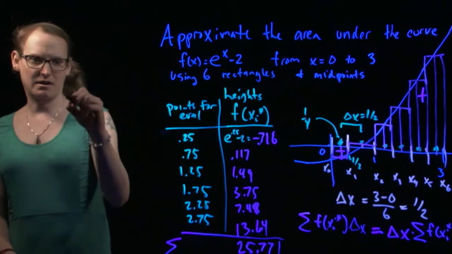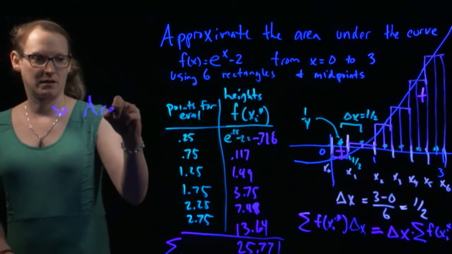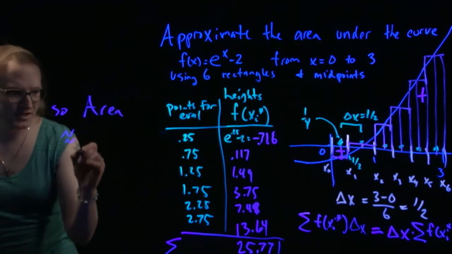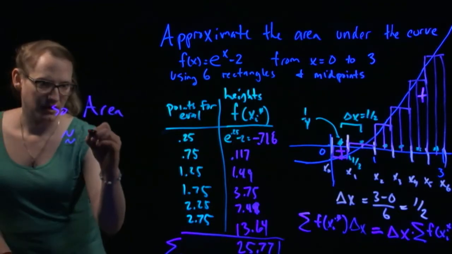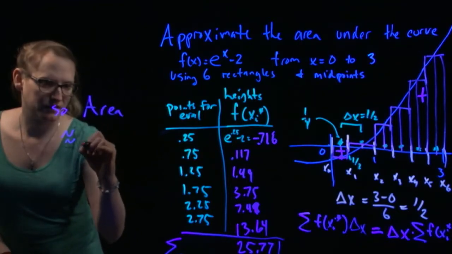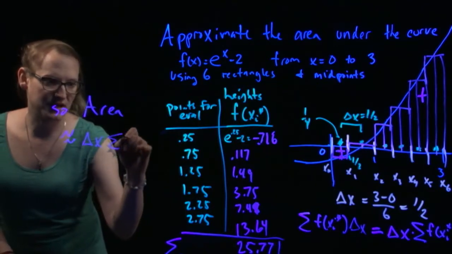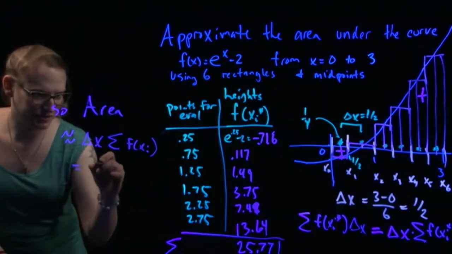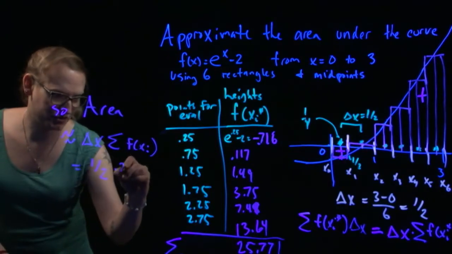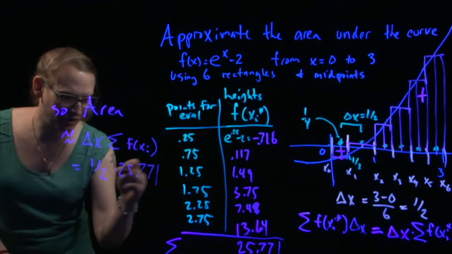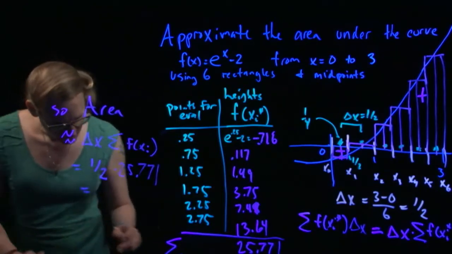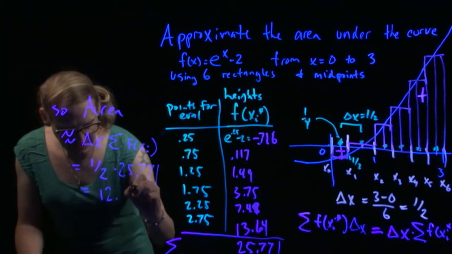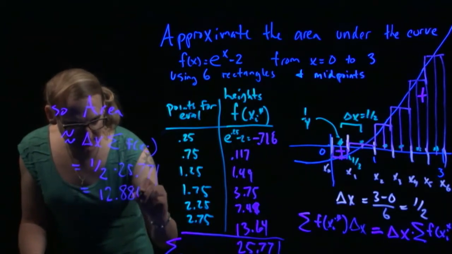So the area is approximately equal to delta x times the sum of my f at x sub i's, which is equal to a half times 25.771, which is equal to 12.886.